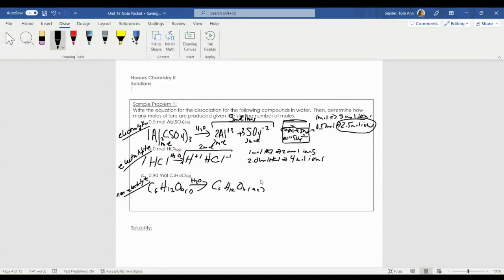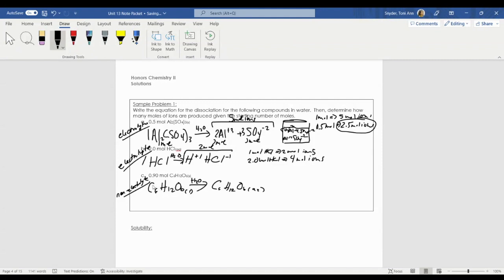They both have London dispersion, they both are dipole-dipole, and they both can hydrogen bond. But it's not strong enough to completely rip away any ions because there are no ions here. There are no ionic bonds. There are no very, very polar bonds in this case. I would let you know if there are very, very polar bonds.